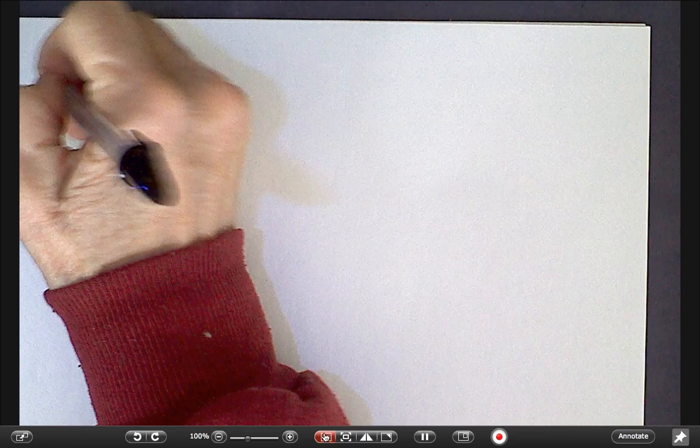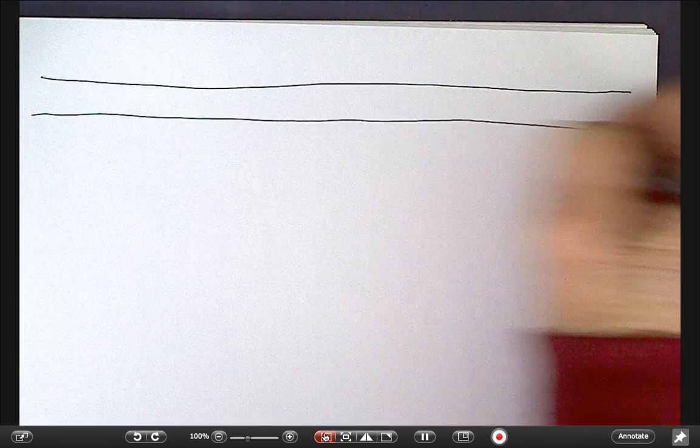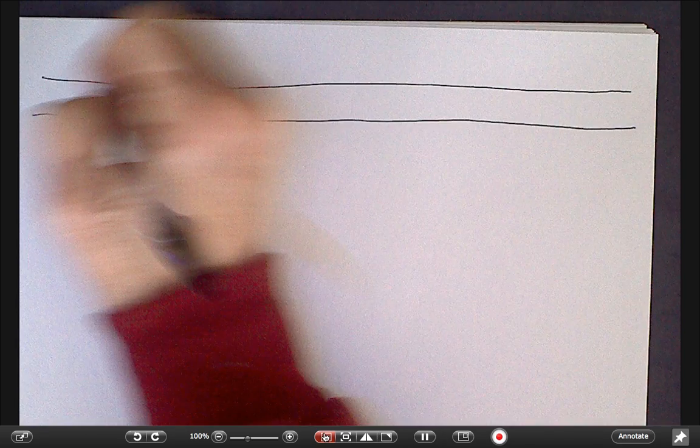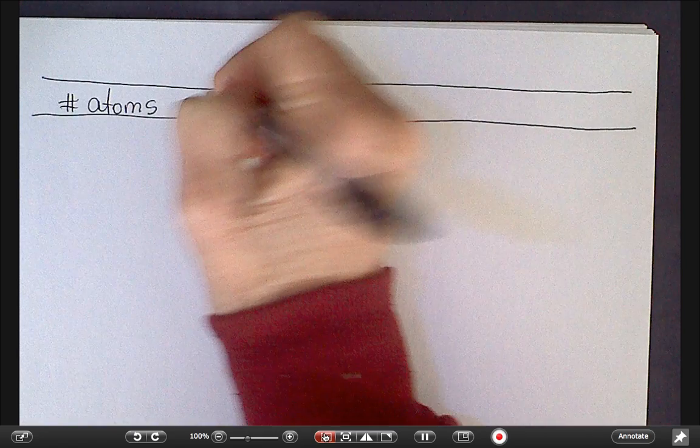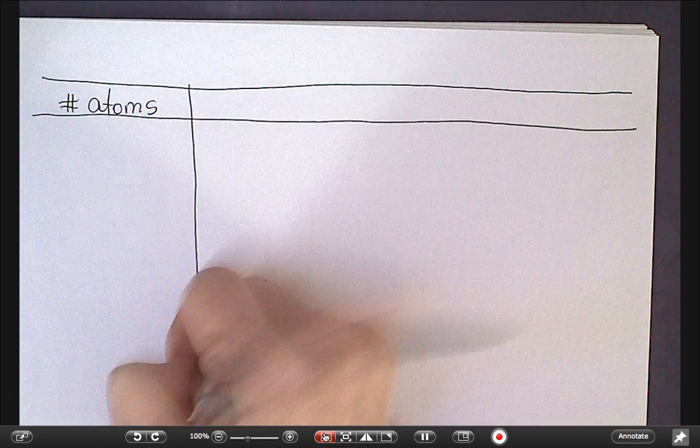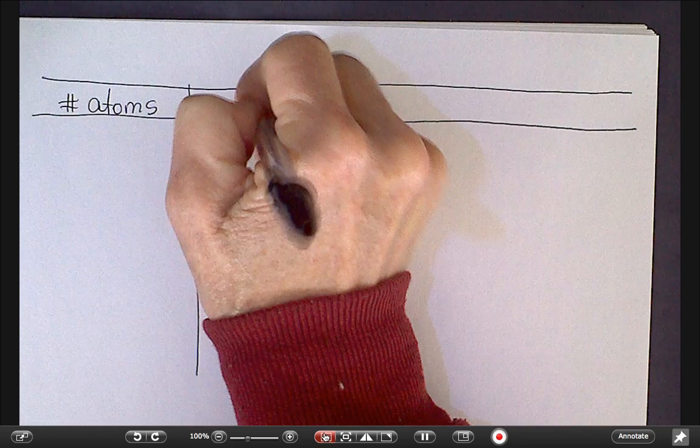All right, we're going to do a little table here. Number of atoms. Prefix.